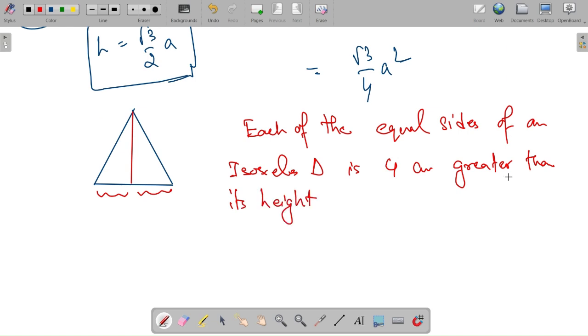If the base of the triangle is equals to 24 centimeter, calculate the perimeter and area of the triangle.